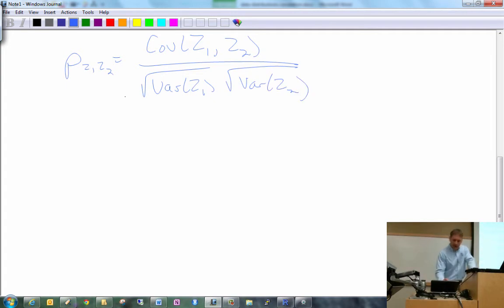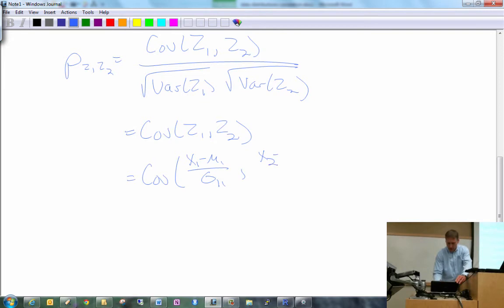As we just discussed, these variances are equal to 1, so I'm left with the covariance. Well, what is z1 and z2? Let's plug those in. It's essentially (x1 minus mu1) over sigma 1, and (x2 minus mu2) over sigma 2.